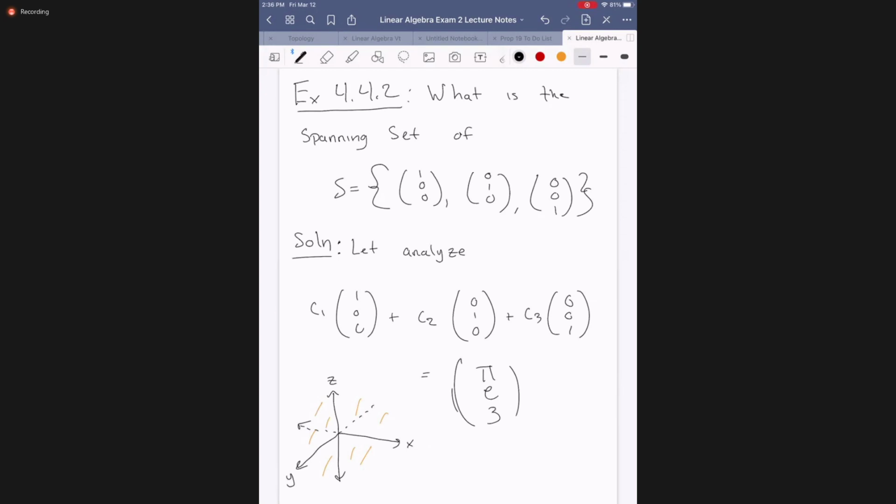Well, C1 would be pi, C2 would be e, and C3 would be 3. So no matter what vector I pick in my XYZ space, I'm always going to be able to find a C1, C2, C3 to make it. So in this case, we say that the span of S is all of R3.